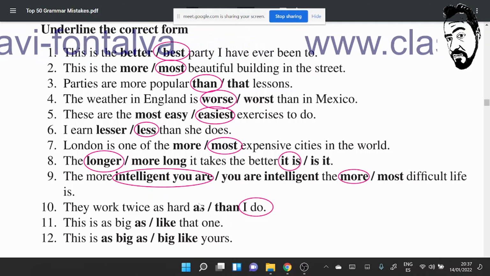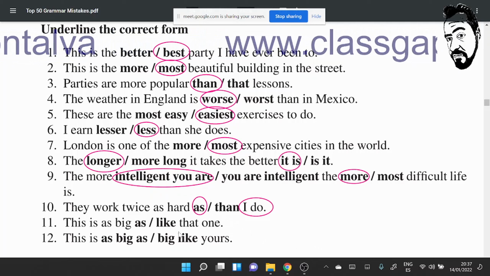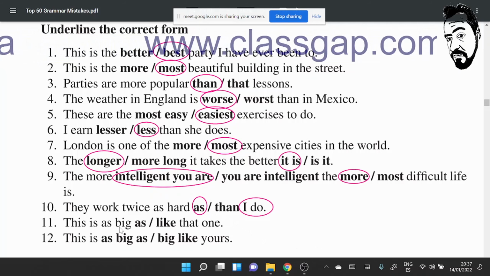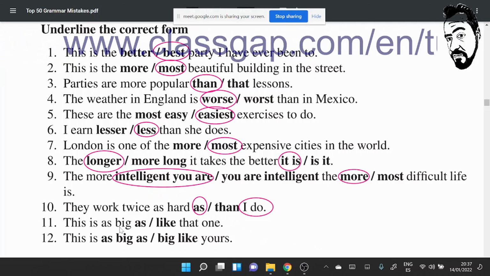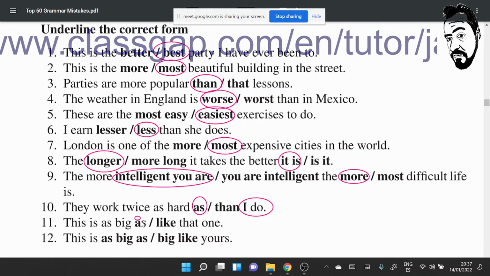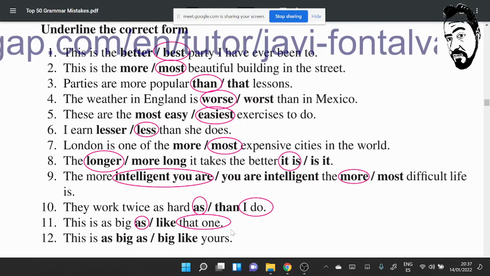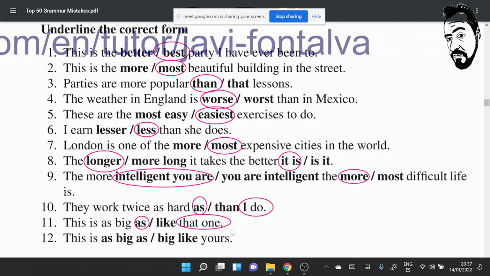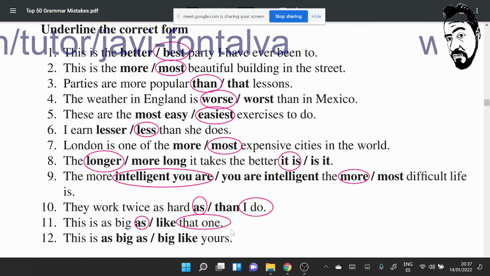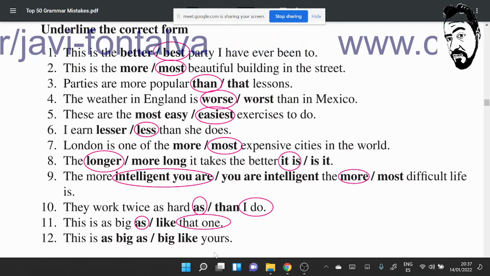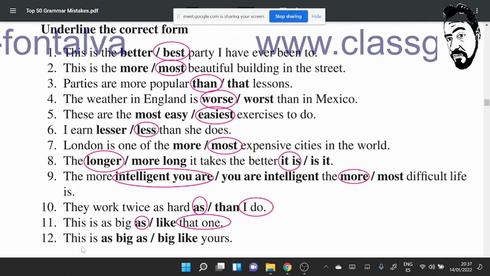This is as big as that one. So this is as big, not bigger, as big as that one. Remember, we always say "as... as" when we mean the same quality, yeah?